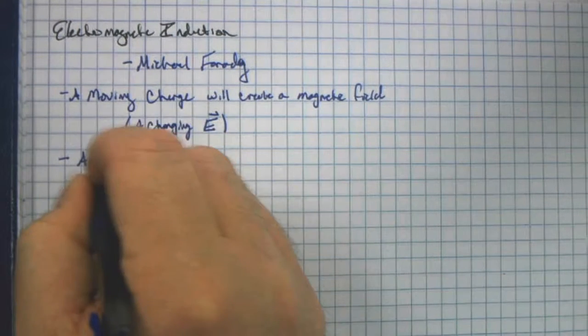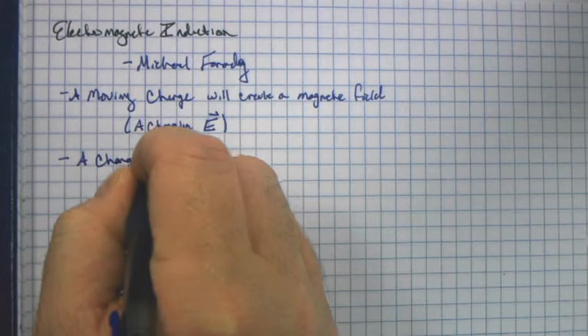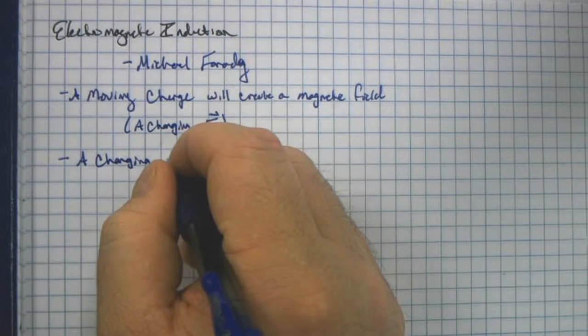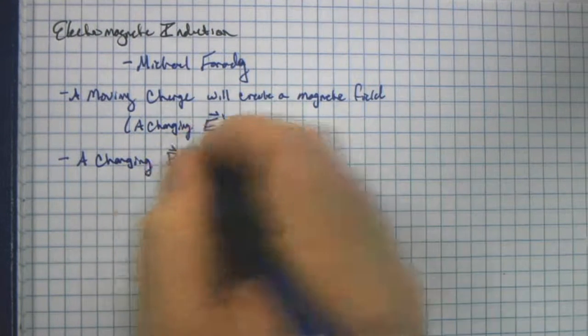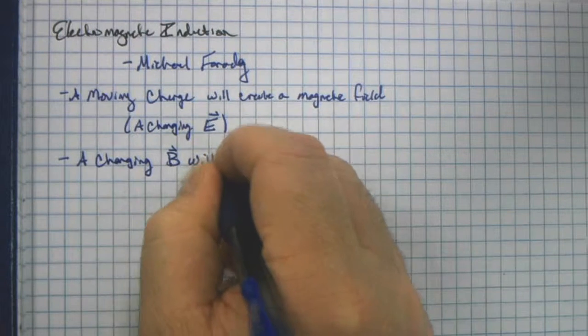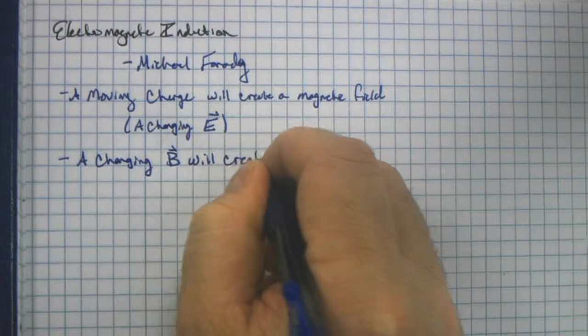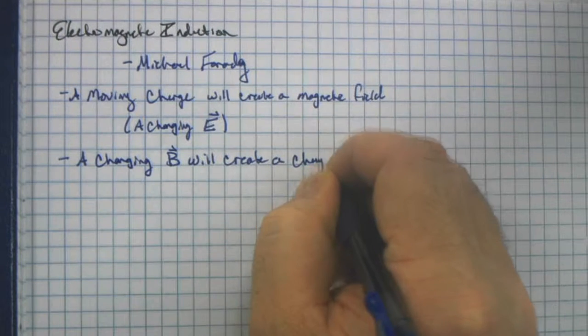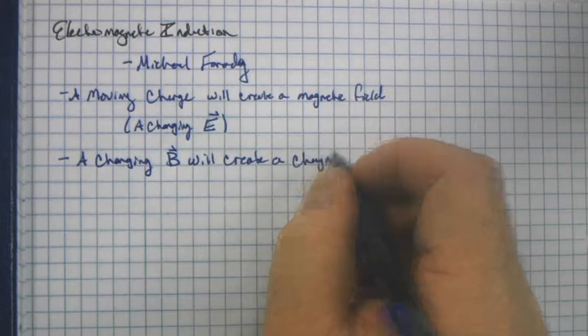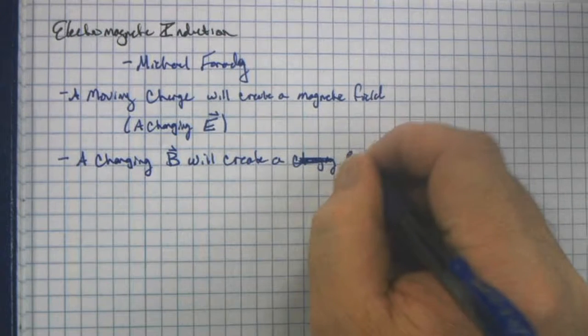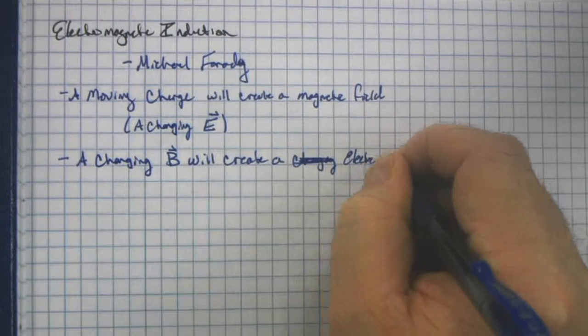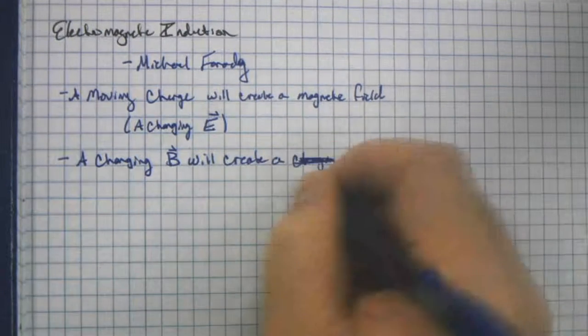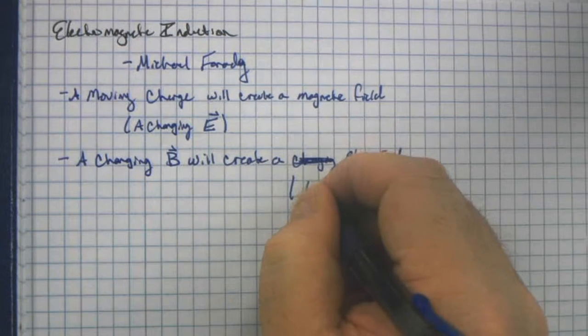A changing magnetic field will create an electric field, which can also be called a current.